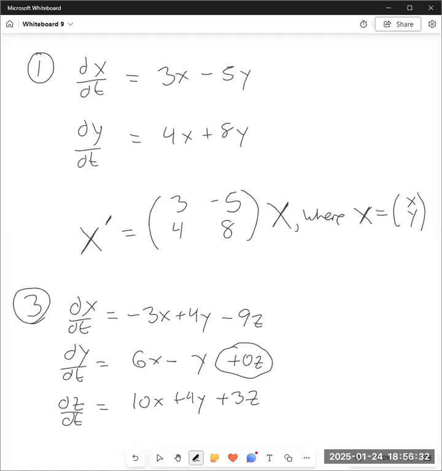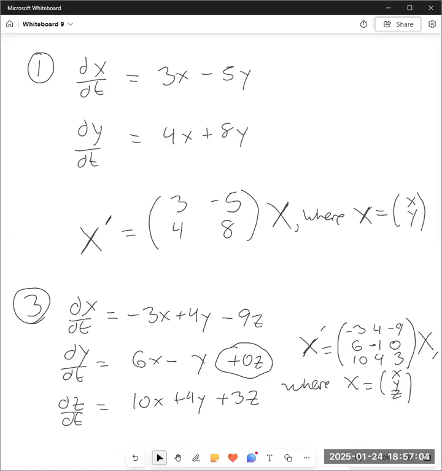So I'm going to change this into capital X prime is equal to, and my coefficient matrix here is negative 3, 4, negative 9, 6, negative 1, 0, 10, 4, 3, times capital X, where capital X equals the matrix x, y, z. All right, those are pretty straightforward.